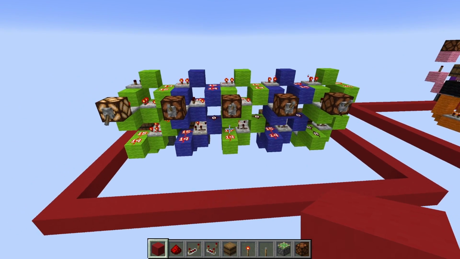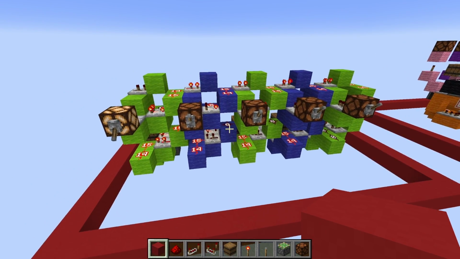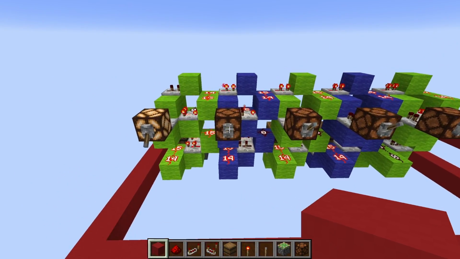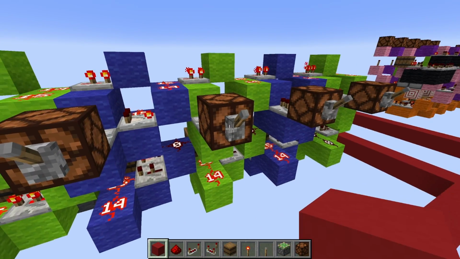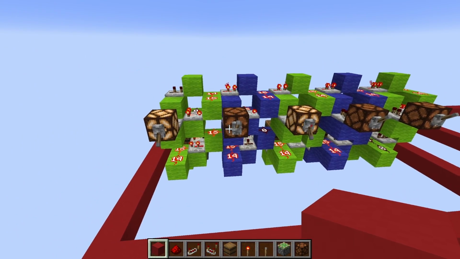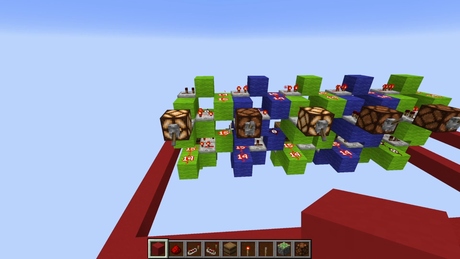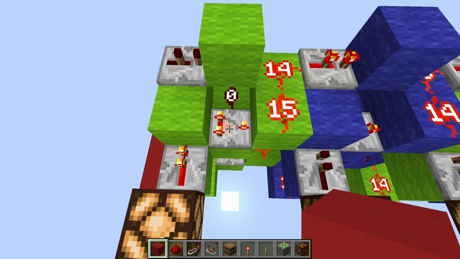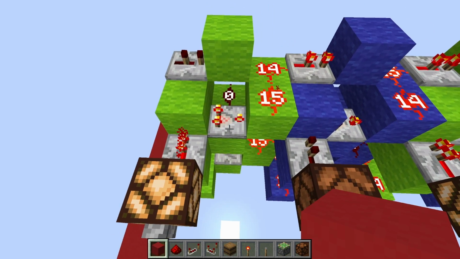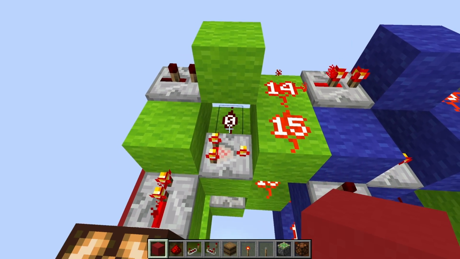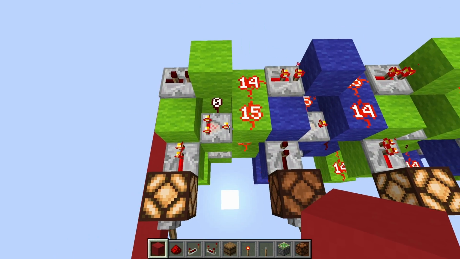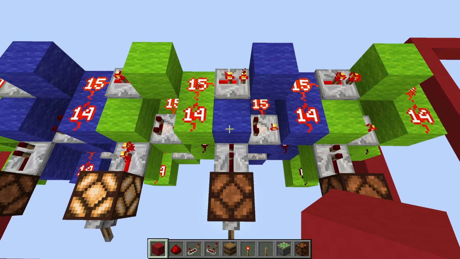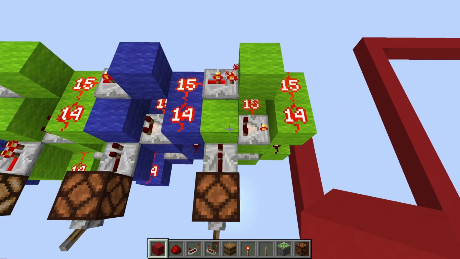But one question, of course, still remains. How does this system know, like if I had this on, or if I had this on, how does it know that this one is the furthest back? Now you might have noticed that this comparator is in subtract mode, and there is a piece of redstone going into the side of it. Well, all of them are in subtract mode, and you can see now what might be going on.